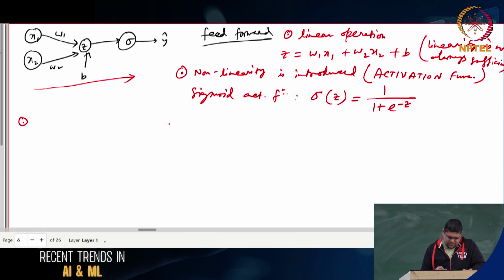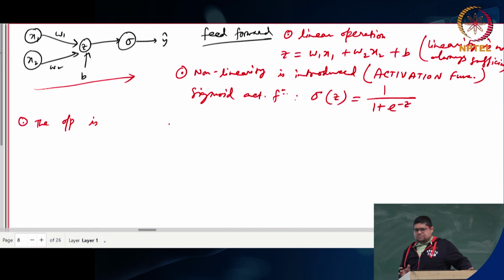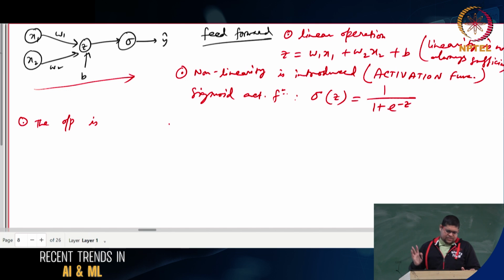Now what's happening? Here I have drawn only a simple neural network, very basic. So there are some other terms like perceptron or single layer perceptron. If we have multiple layers, then we will call it multi-layer perceptron. When we have a very large architecture with multiple layers, we will call it a deep neural network. So these are a few names.